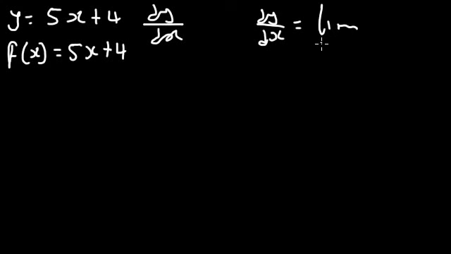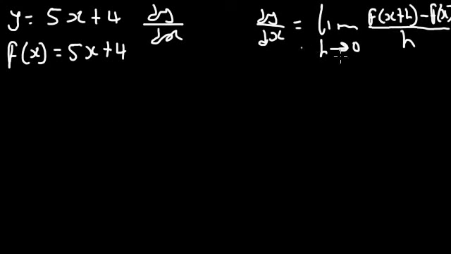Since we are considering tons of examples, continuously changing x might take a little bit of time, so instead I will replace it with h, as h approaches 0 of f of x plus h minus f of x, all divided by h. Perfect. So that is the formula we consider using to find the derivative.